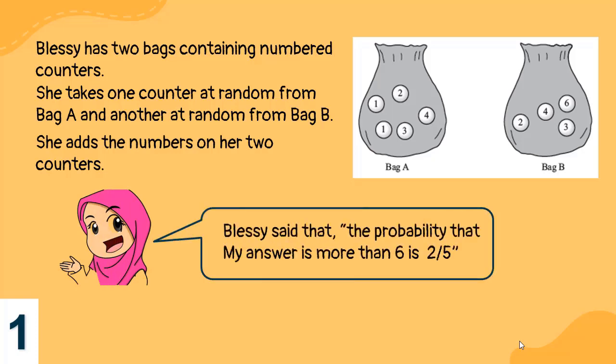Blasi says that the probability that her answer is more than 6 is 2 over 5. Is she correct? Explain your answer.